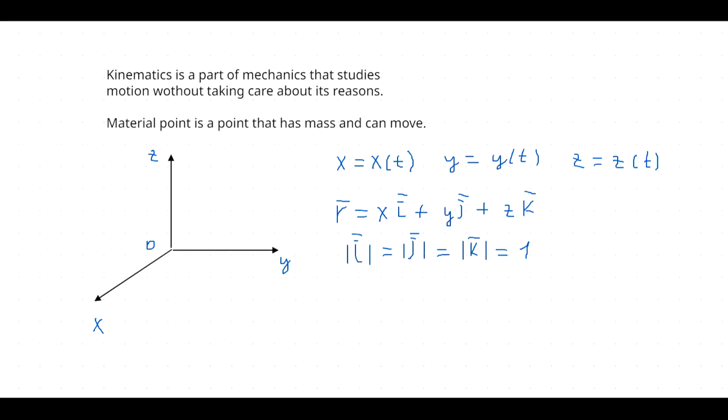And another property of them is that i has the same direction as axis x, j has the same direction as axis y, and k has the same direction as OZ.